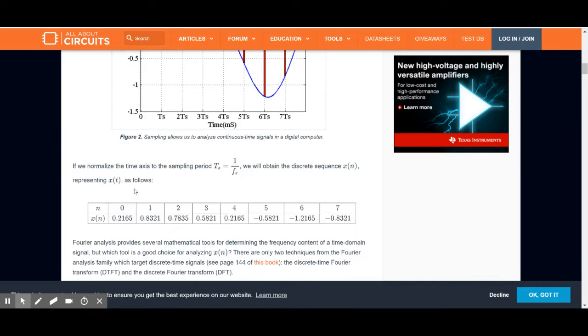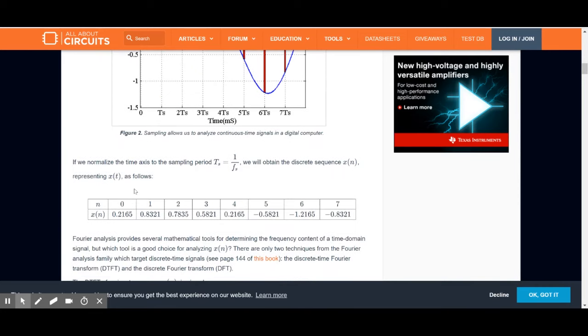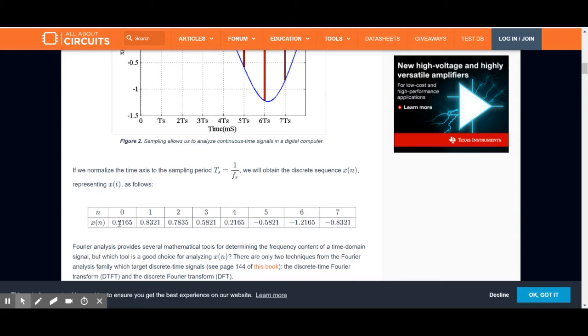It's a pretty big example in this case because there's like 8 samples. But what if we take 4 samples?